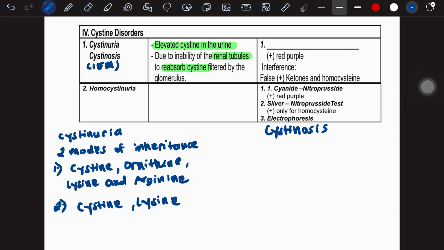So in your cystinosis, we also have a different color. Two general categories.